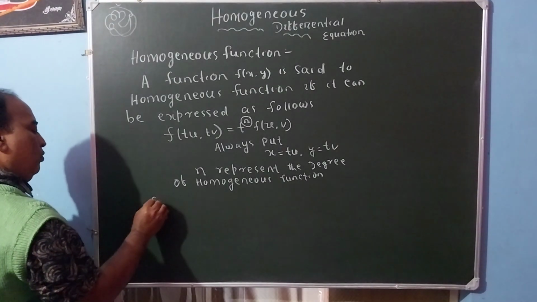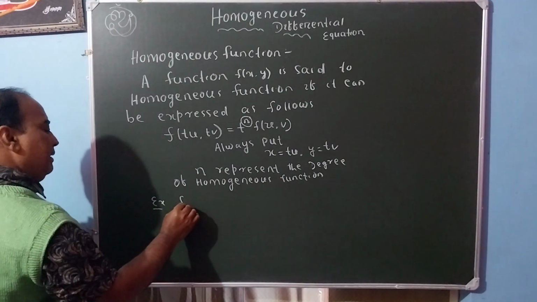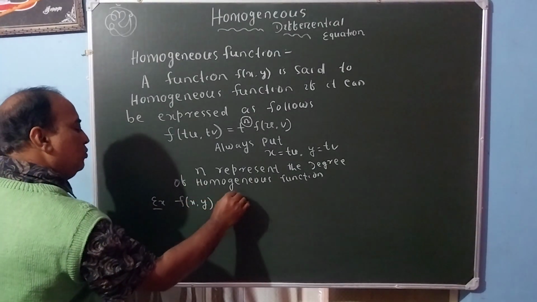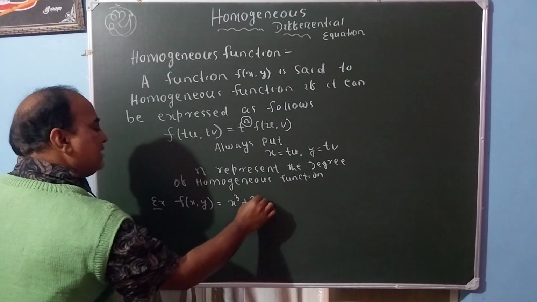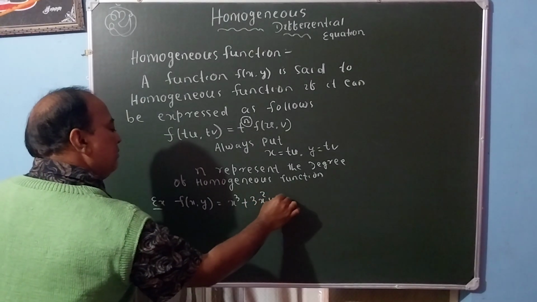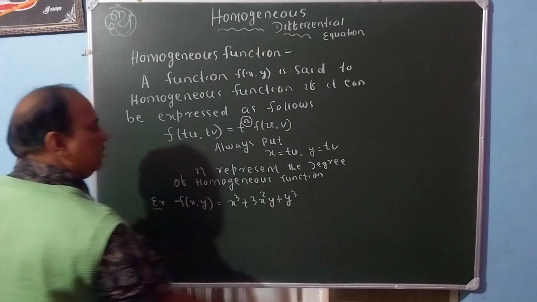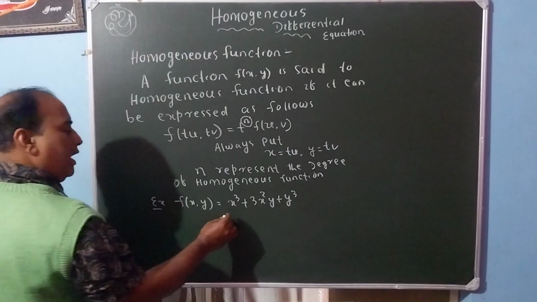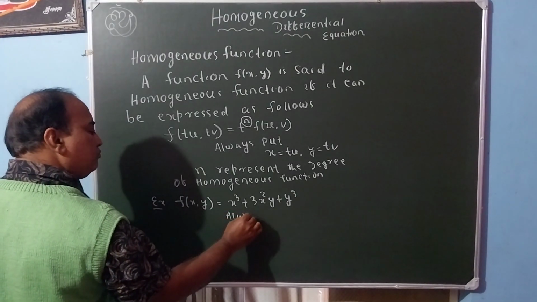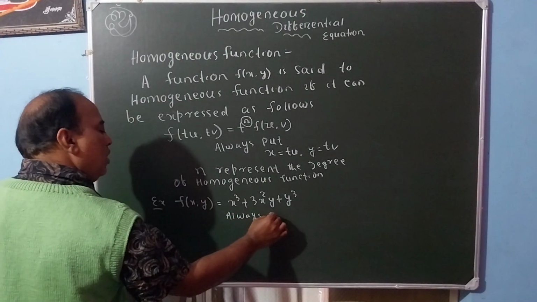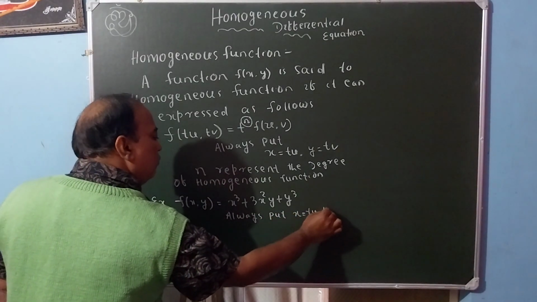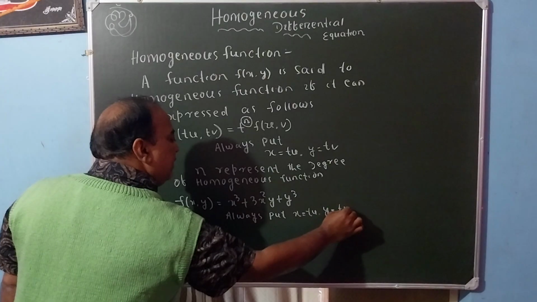Write down one example: f(x, y) = x^3 + 3x^2 y + y^3. How do you check whether it is a homogeneous function or not? Always put x = tu, y = tv.